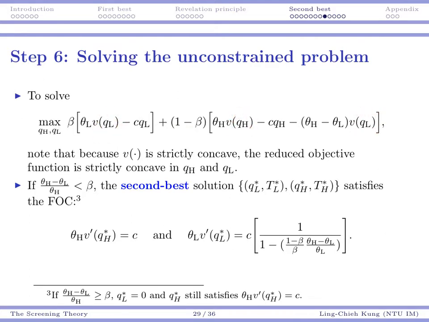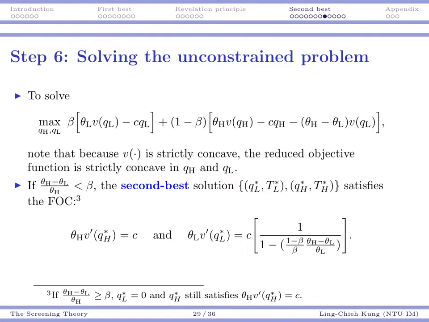The good news here is that because V is strictly concave, we can show that this two variable problem can also be shown to be strictly concave in QH and QL. Okay, in particular, QH and QL are somewhat unrelated. So all you need to do is to differentiate this objective function with respect to QH and QL.